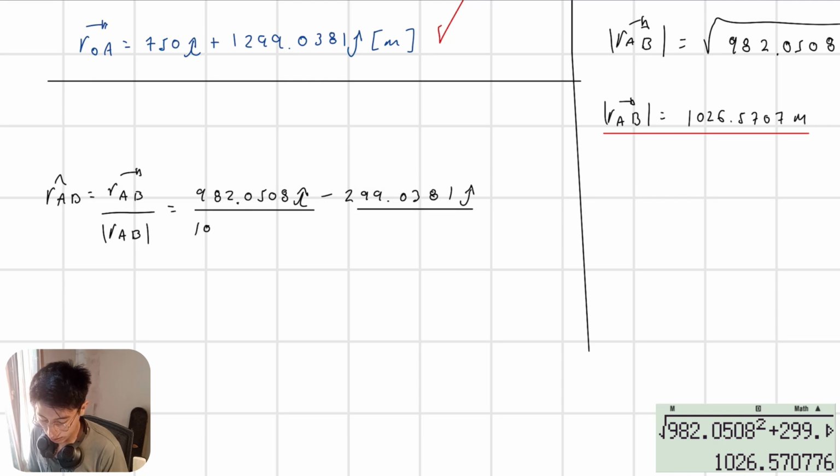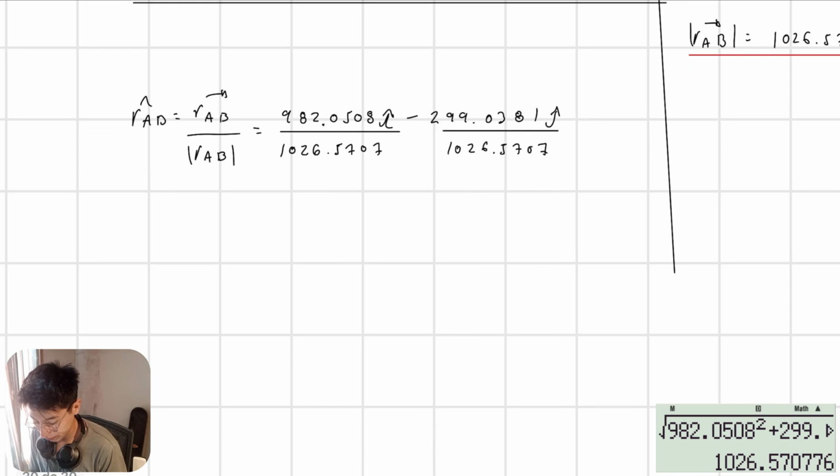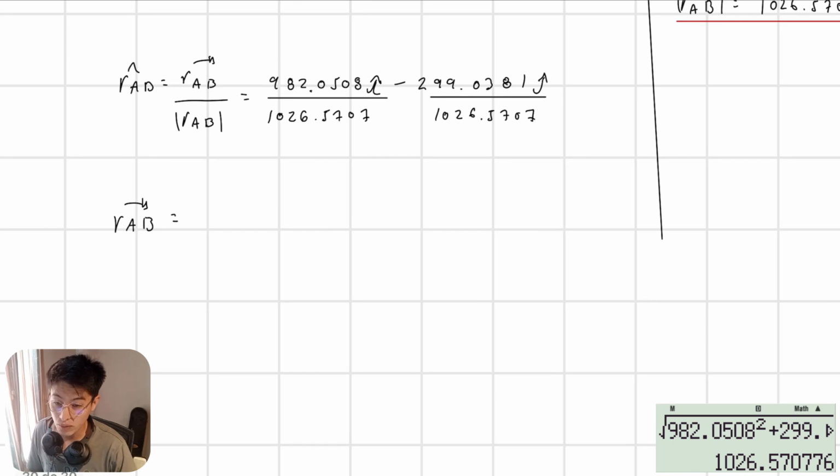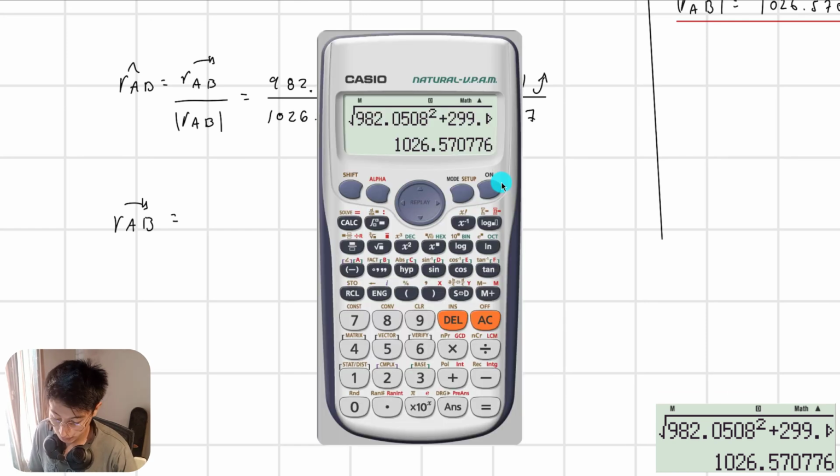So 1026.5707, and the same thing goes for this. I'm going to save this number because I don't want to write it down every single part of the calculator.